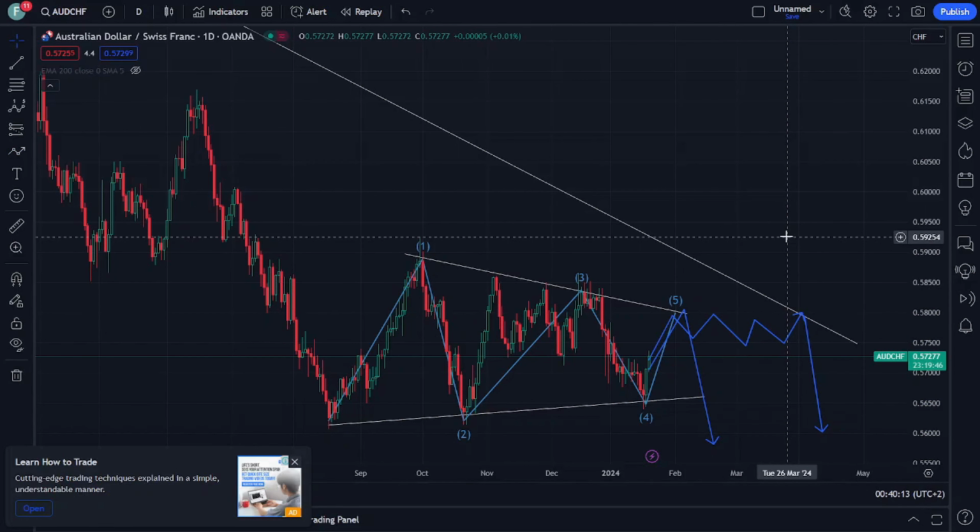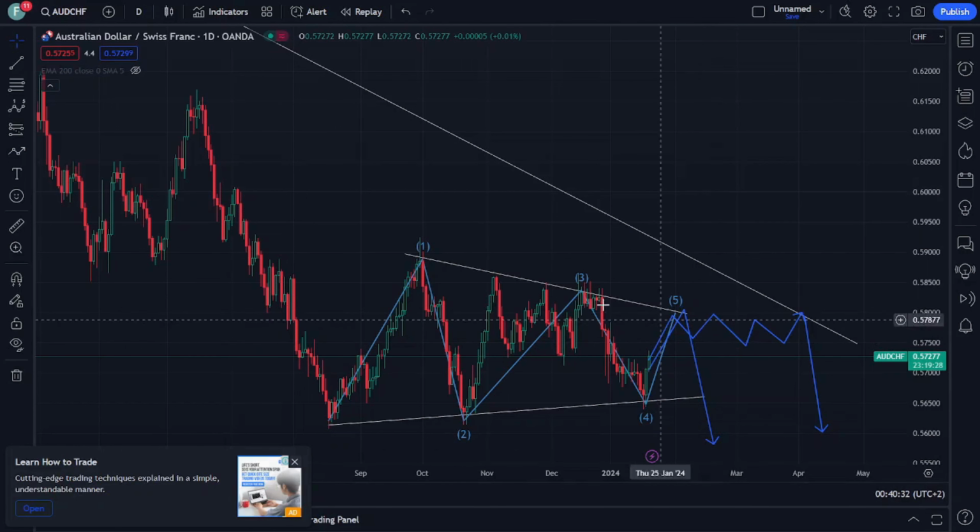Or the pattern might finish before even touching the trend line, or it might give us a consolidation, then a touch, then a push to the downside. So those are the things we're looking for: a 5th touch here to push to the downside, or the price might give us something like this, a consolidation, then a touch and a push to the downside.